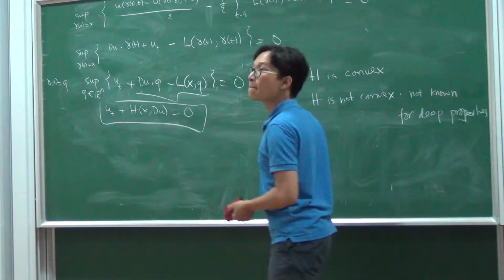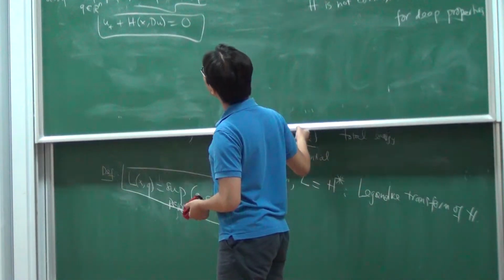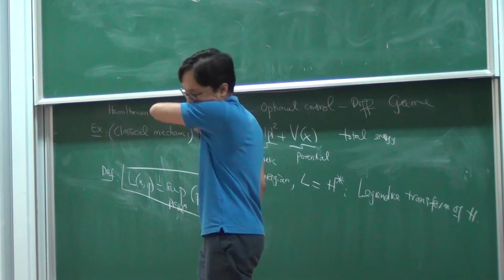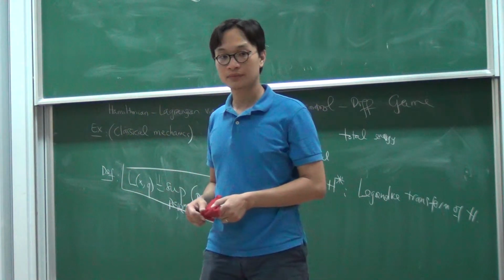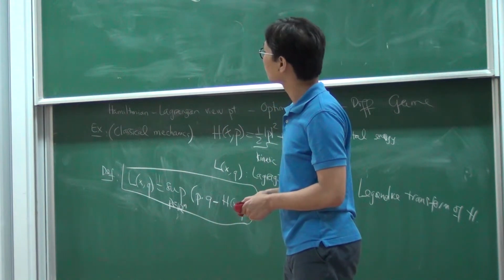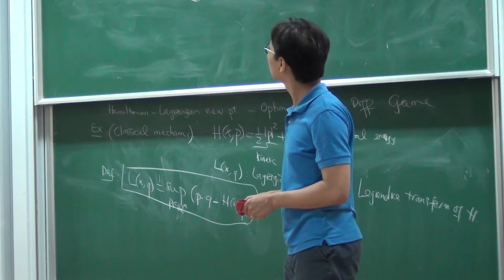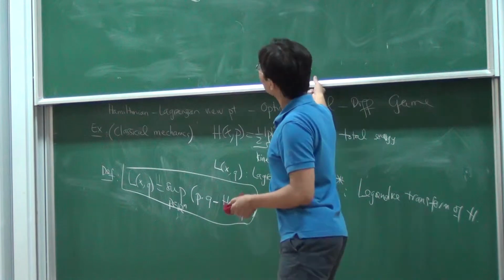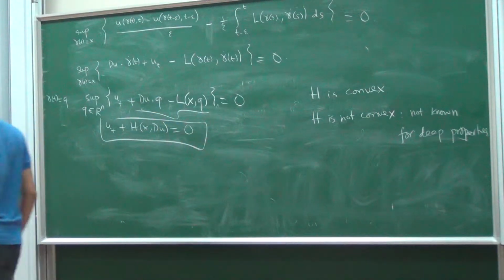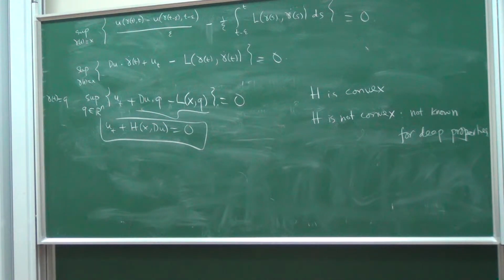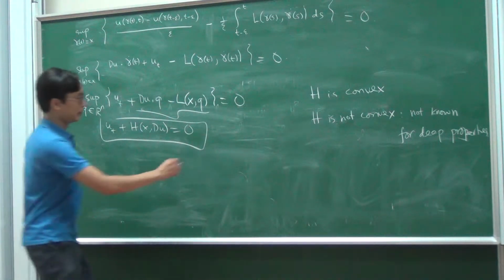Okay, so now let's have fun. If you see the two things are the same, the sup over all gamma with gamma t equals x, and the sup over all q. Because here we localize the problem instead of looking at all the curves.